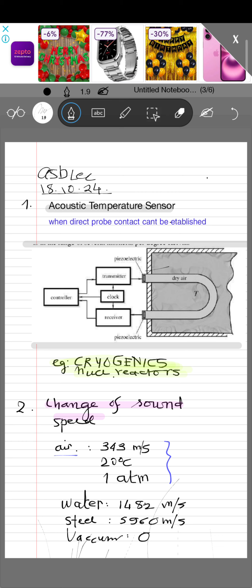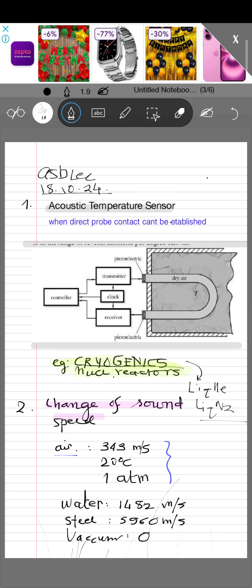Like when we are dealing with very low temperature systems, known as cryogenics, where liquid helium and nitrogen are used, with temperatures close to 0 Kelvin, in relation to properties of superconductivity and other studies.